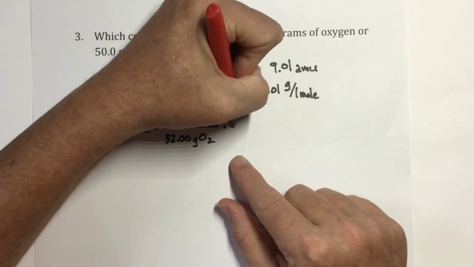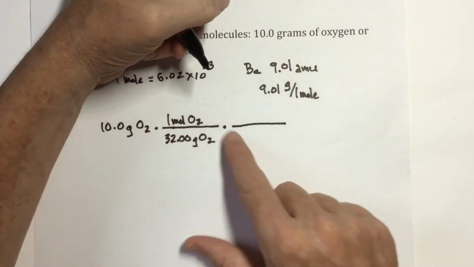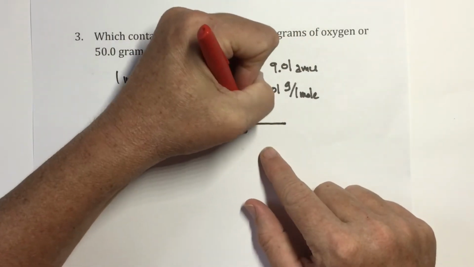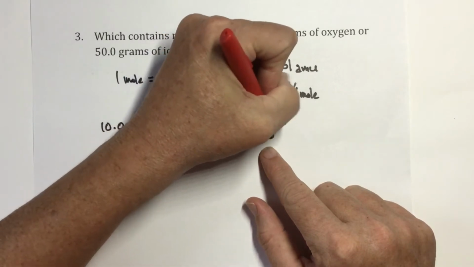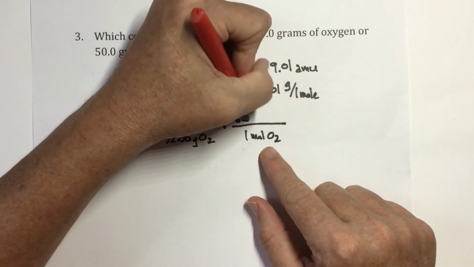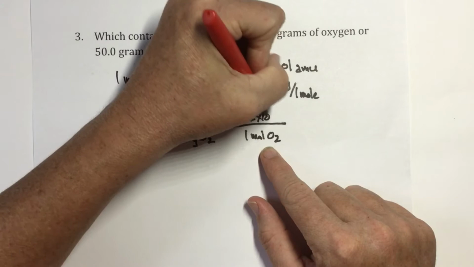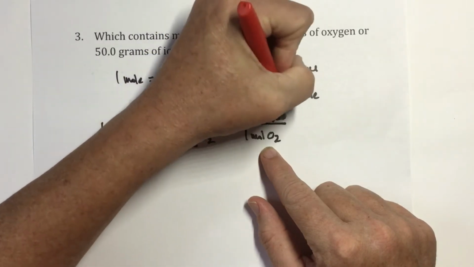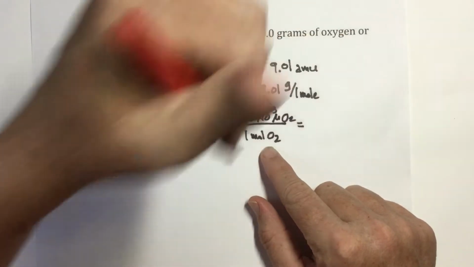So let's extend this one more conversion, because I now know that 1 mole of O2 is 6.02 times 10 to the 23 molecules of O2.